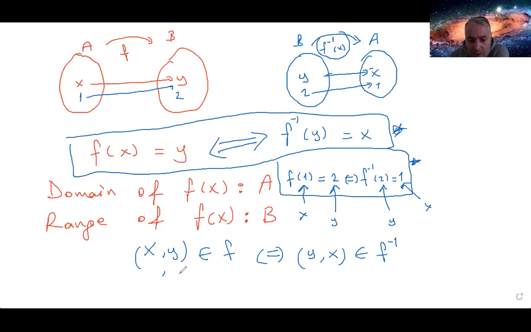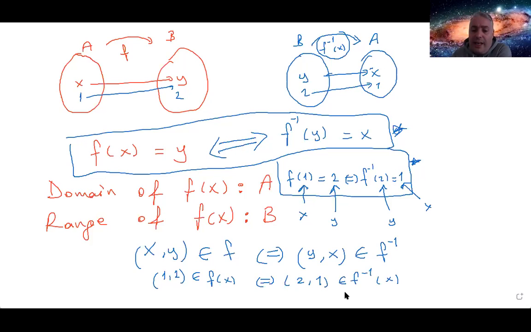Example: (1, 2) is an element of f of x if and only if (2, 1) is an element of f inverse of x. This is for all kinds of functions, not only for logarithmic or exponential, for everything. For every function and its inverse, we have this rule.